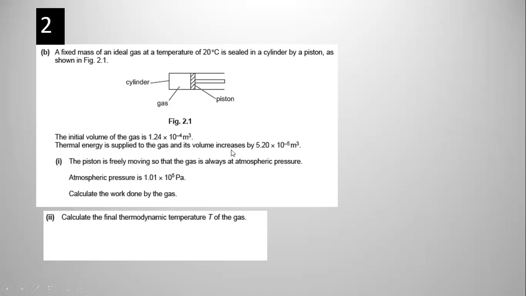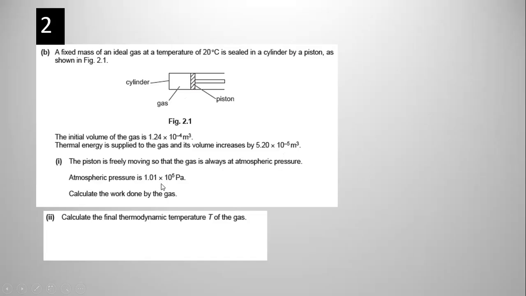Its volume increases by that amount, and this is delta V. The piston is freely moving so that the gas is always at atmospheric pressure. That means there's no friction, so you don't have to worry about work done against friction.